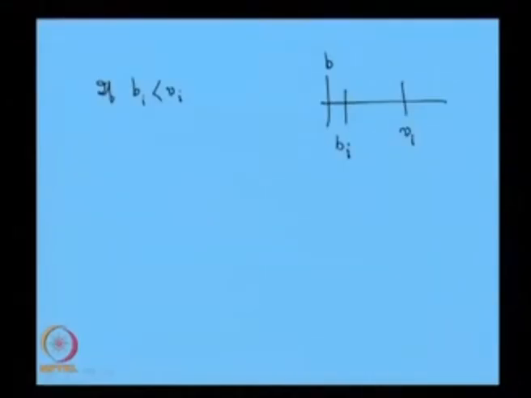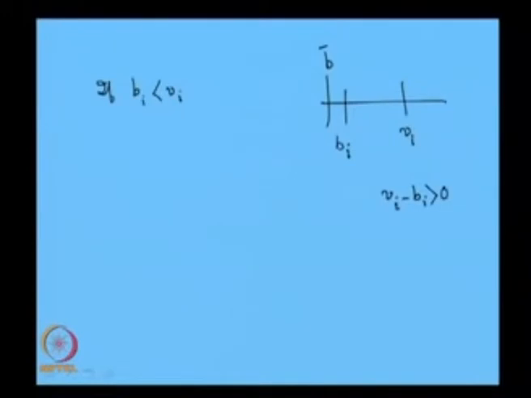So, your payoff is 0. If you do not get the object, obviously your payoff is 0. So, by bidding Vi you are always going to get 0, but by bidding Bi can you do better? And the answer is yes. Suppose B bar is here, less than Bi, then by bidding Bi you are going to get Vi minus Bi, which is positive.